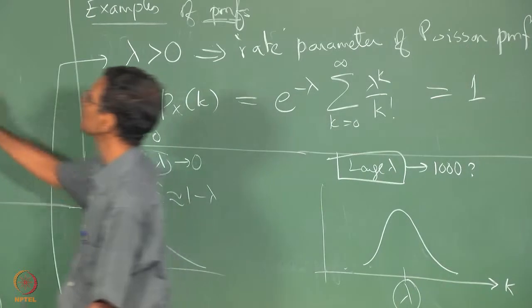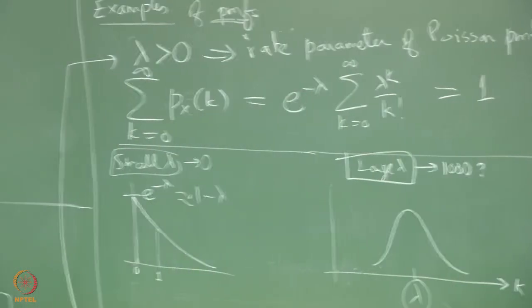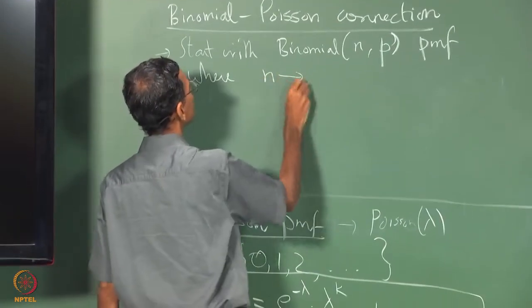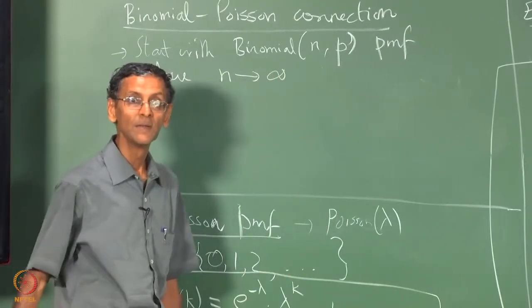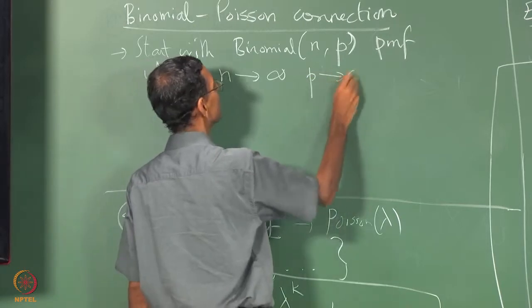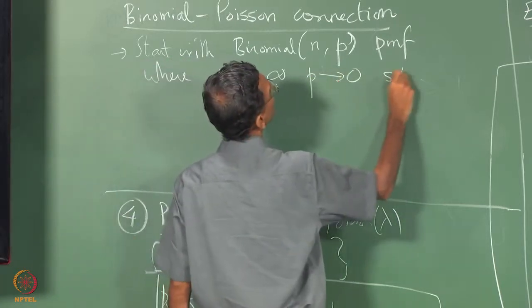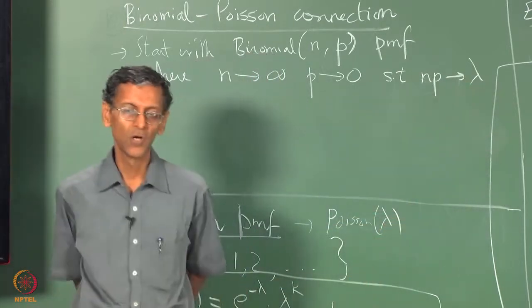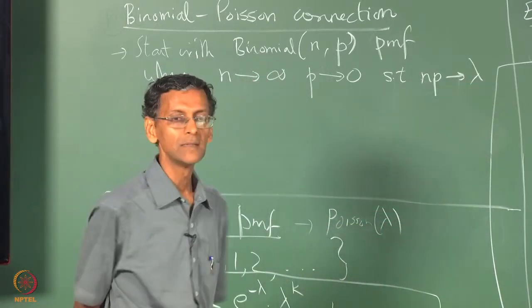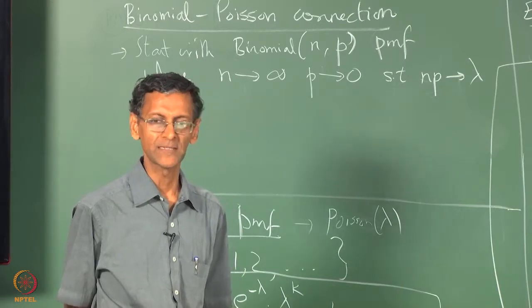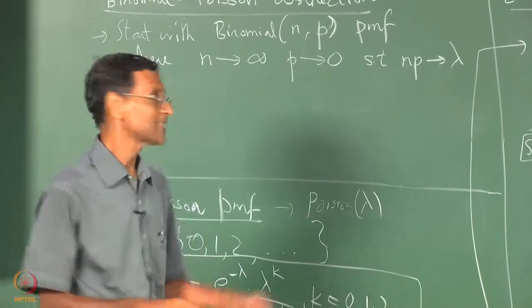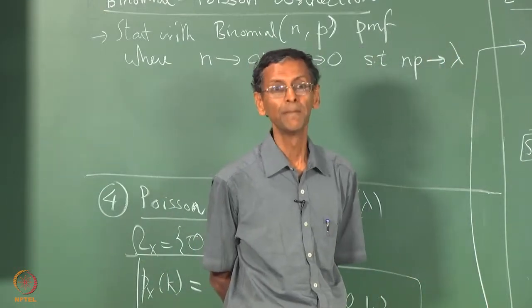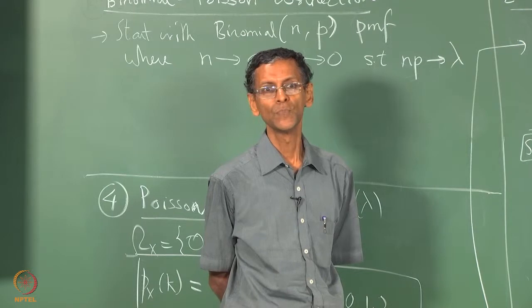So, you start with n comma p, where n is very large, n goes to infinity, and small p goes to 0, such that np goes to a constant lambda, like p equal to lambda by n type of arrangement, where n times p doesn't change with n or p.